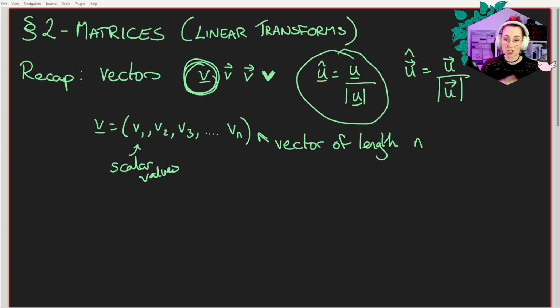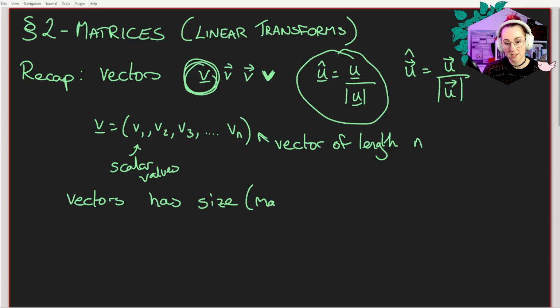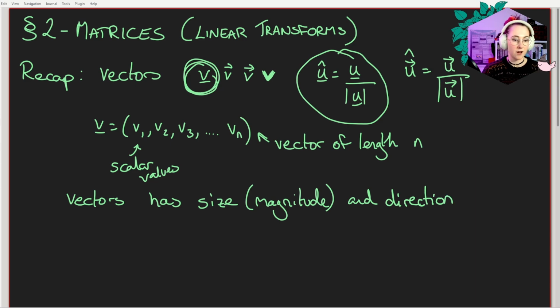So scalars just being numbers. Vectors have these scalar entries, and what that means is that a vector has size or magnitude and direction. And that's where our third definition comes into play.